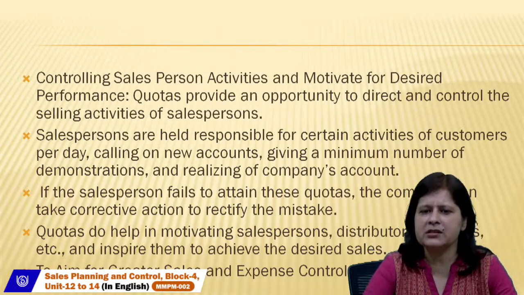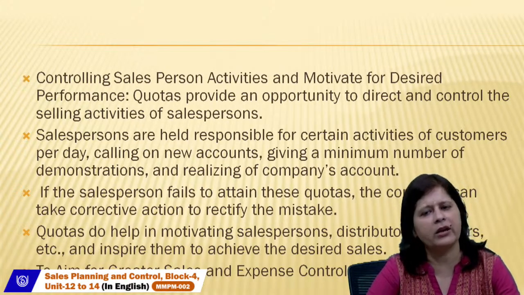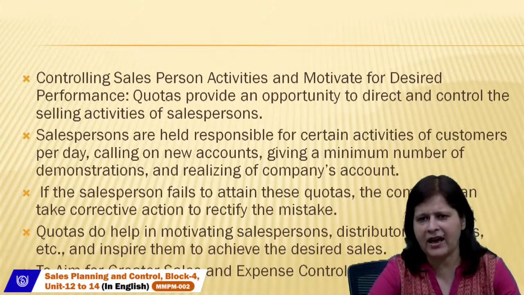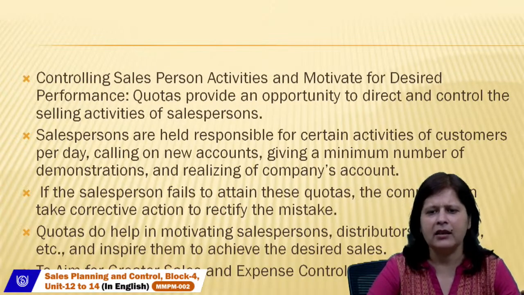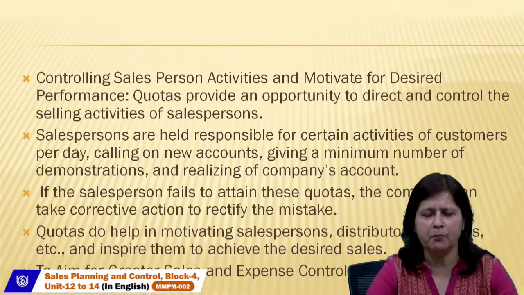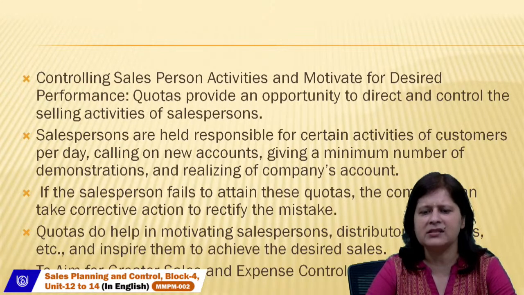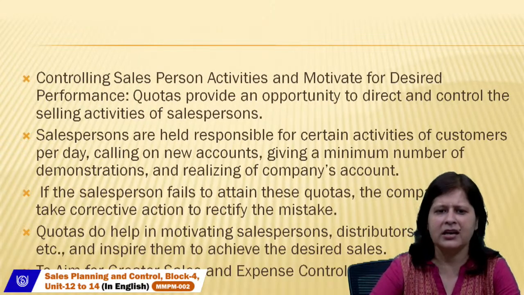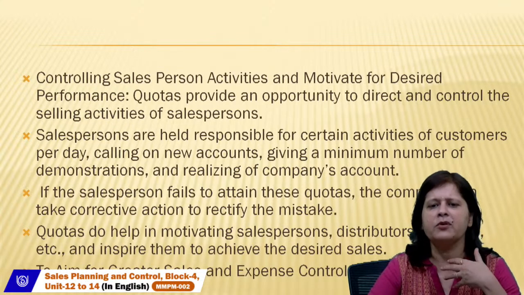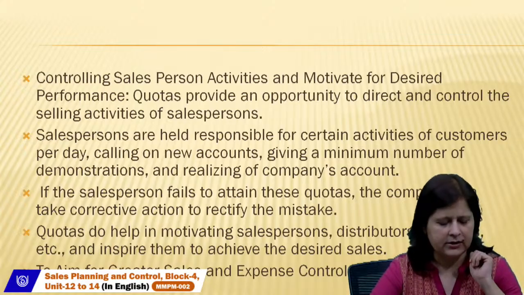Then if a salesperson fails to attain the quota, the company can take corrective action to rectify the mistakes. If someone lacks, then the company can take the action to rectify the mistakes. So sales quota helps in measuring the performance. Quota does help in motivating the salespersons, distributors, retailers, etc., and inspires them to achieve the desired sales, right?